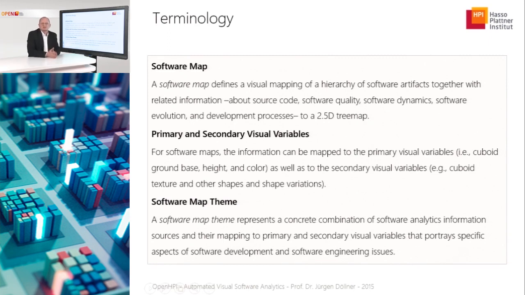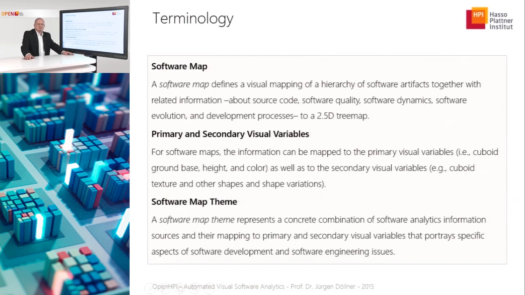We have also introduced the concept of primary and secondary visual variables. For software maps, the information can be mapped to the primary visual variables, that is the ground base, height and color, as well as to the secondary visual variables, the textures or shape variations.